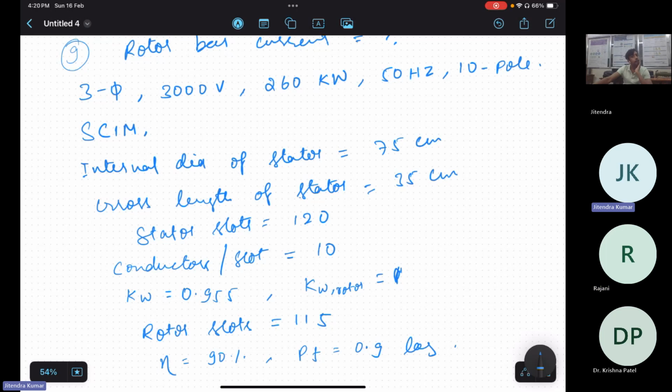If we have all the parameters, we can calculate the rotor current, and we have an expression derived in the lecture in terms of rotor current. So I think we can calculate with the help of that expression.